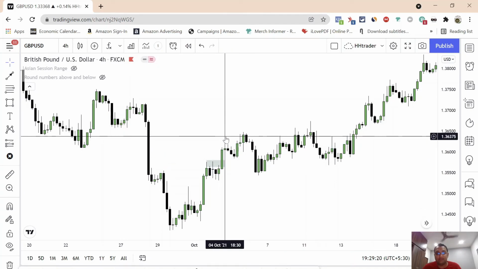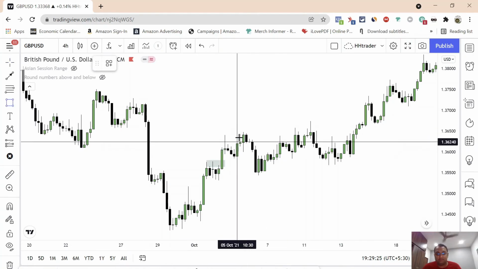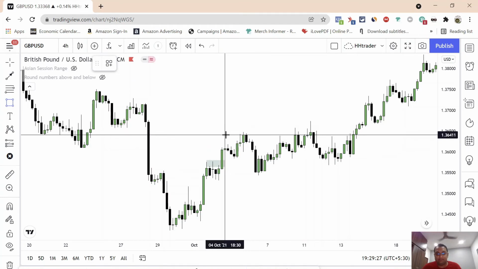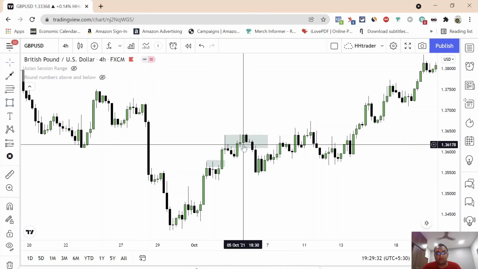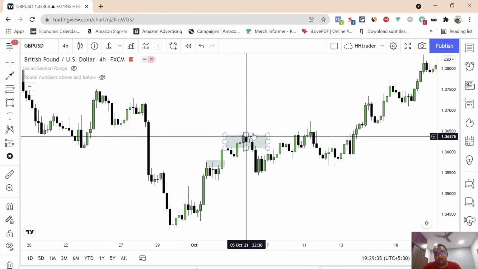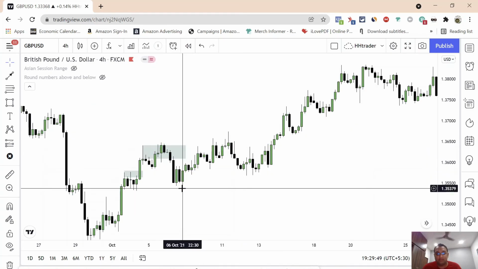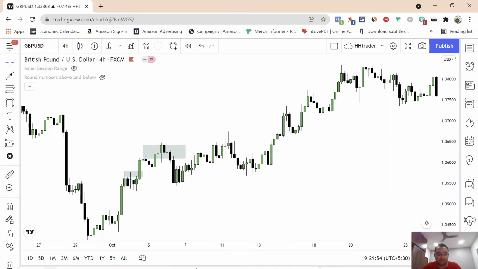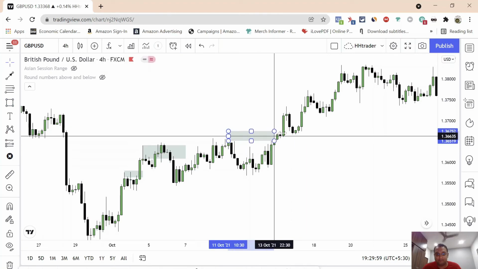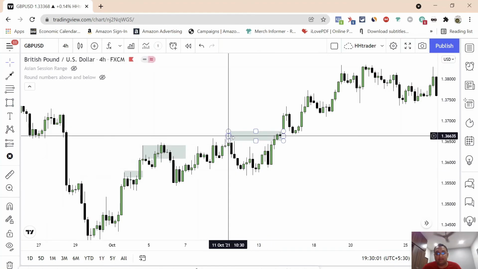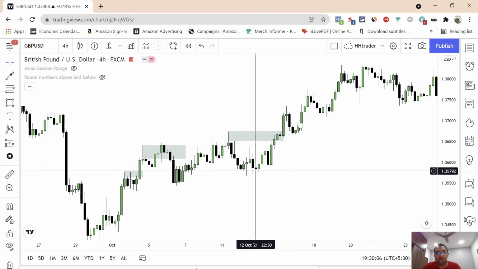but did not break and close with a body candle above this wick. So we can take a shot over here, and then you can see that price made a higher high, and when price closed above, that gives you a higher high.